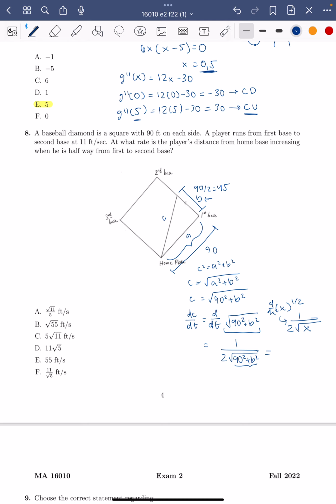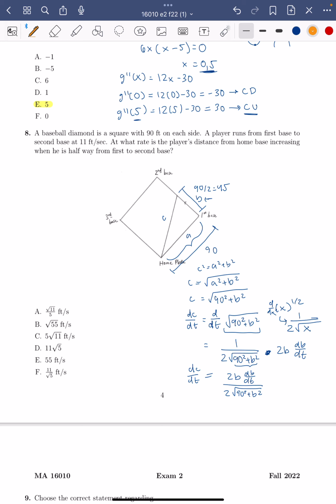And then B squared would be 2B times db over dt, again, because B is a function of time. Now, let's write this a little bit neater. dc over dt equals 2B db over dt over 2 square root of 90 squared plus B squared.